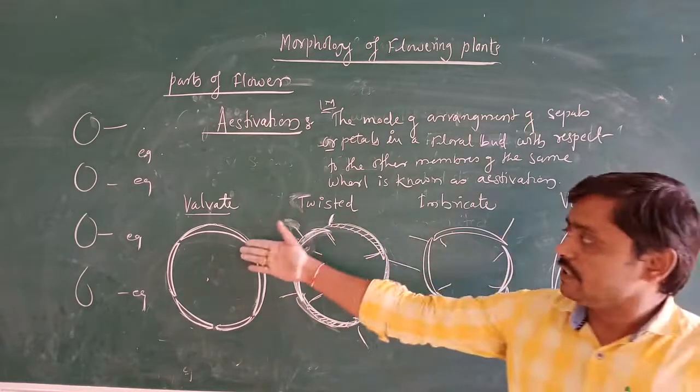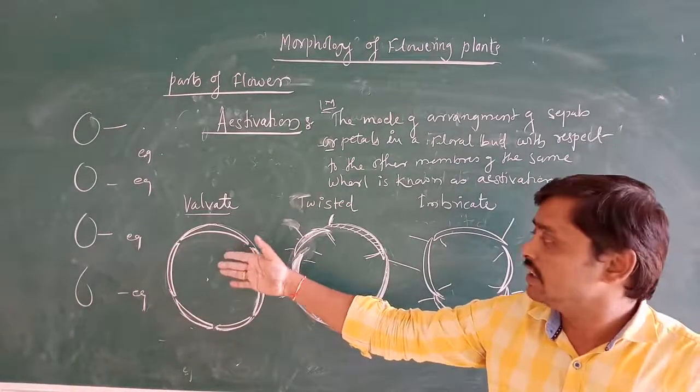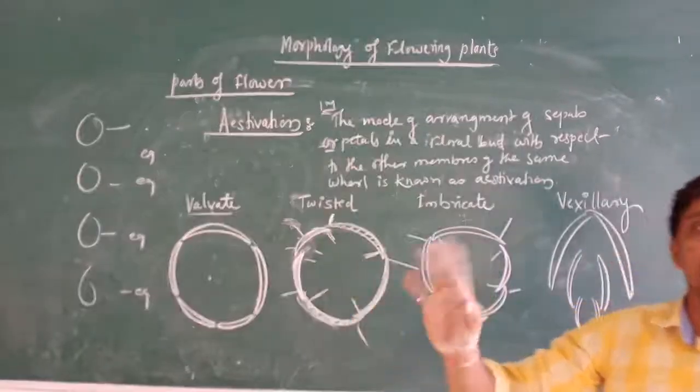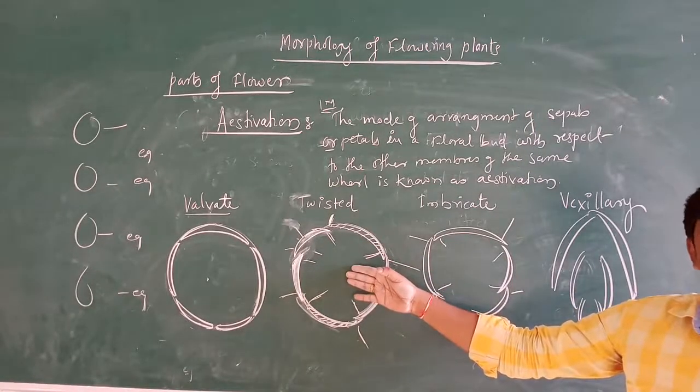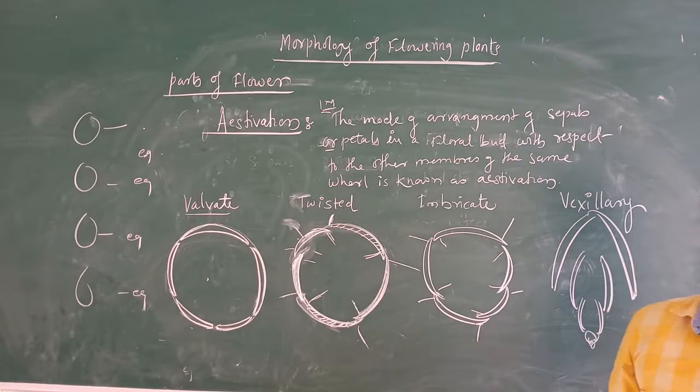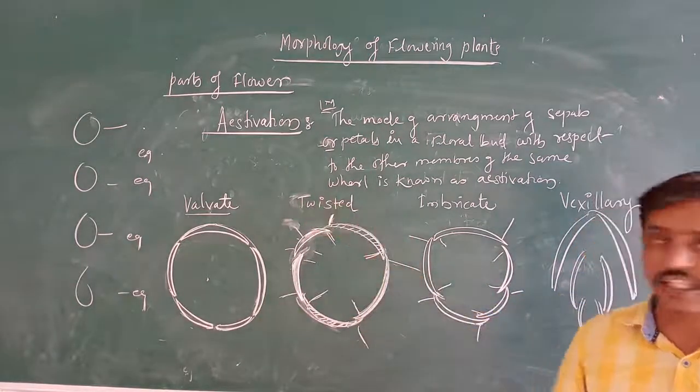In valvate aestivation, the sepals or petals are arranged margin to margin. Here there is no overlapping. In twisted aestivation, the sepals or petals are arranged in such a way that one margin is overlapped with another margin and it goes on continuing. That is twisted aestivation.